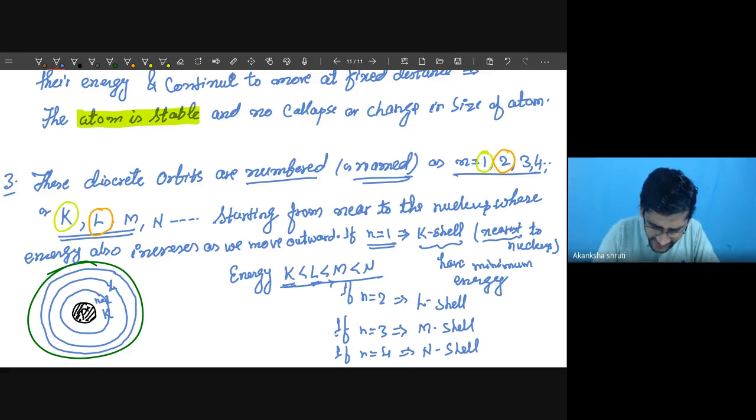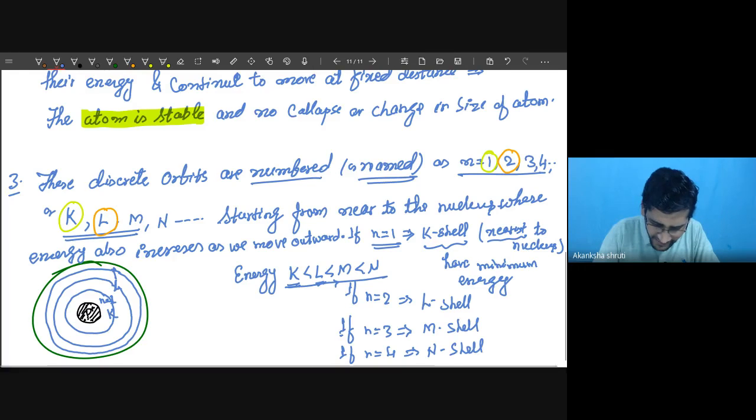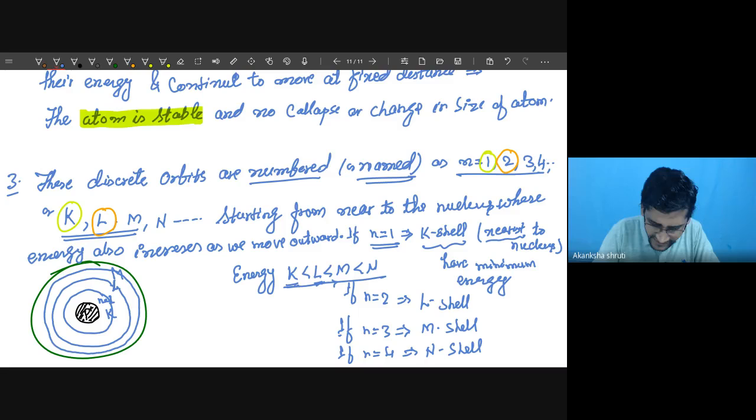So it is our M shell. Yes. Students, we have to keep this in mind while numbering; we should be careful about the order. Whether you write L shell or n equals 2, they mean the same thing. Or M shell or n equals 3, they mean the same thing. Are we getting this much?